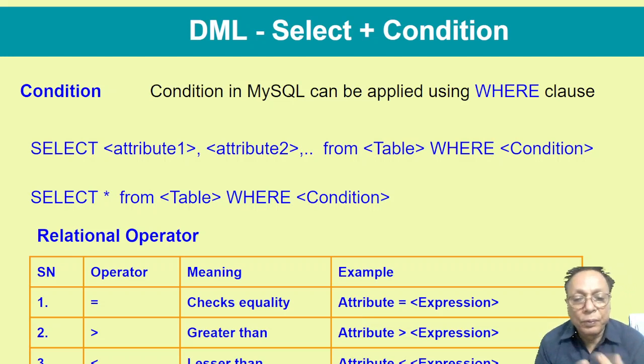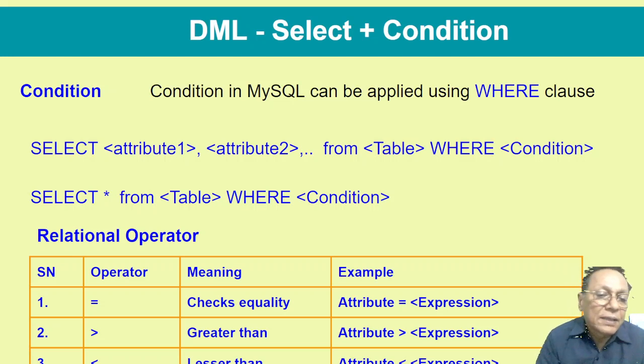For example, city is equal to Delhi. In that case city is the attribute and Delhi is the expression, or it could be any expression like a concatenation, etc. Or you can say age greater than 25, where 25 is the expression and age is the attribute.